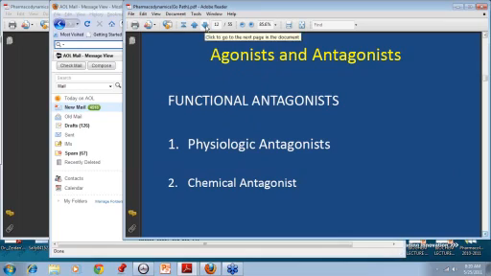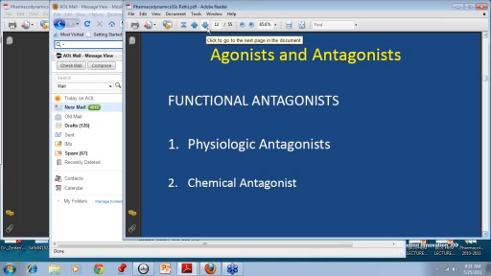When we talk about functional antagonists, we're talking about physiological antagonists or chemical antagonists. So the terms are interchangeable here. I cannot really differentiate between physiological, pharmacological, or chemical antagonists.